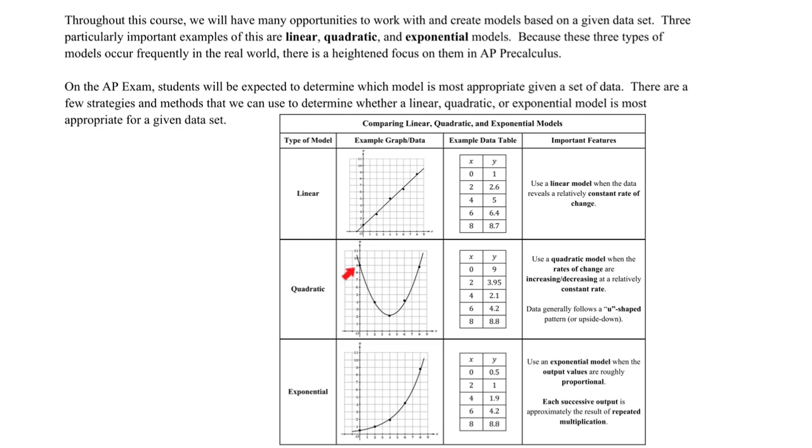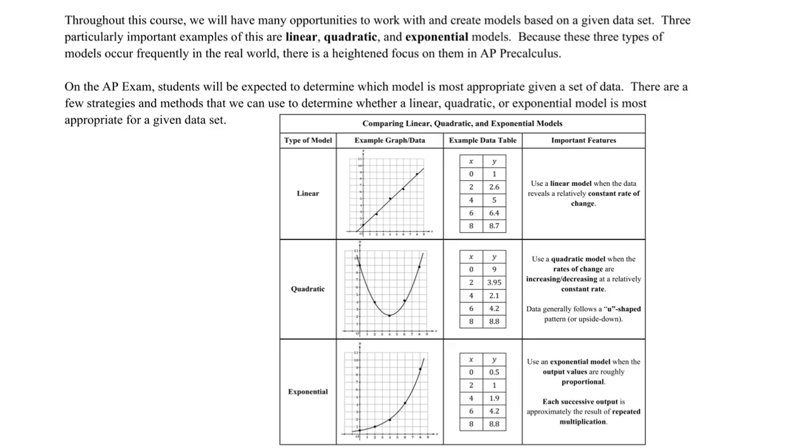And remember, our rate of change, if it's concave up, or a U going up, will always be increasing. If it was concave down, our slope would always be decreasing at a constant rate. Okay? Over here, they stay the same. On quadratic, they increase or decrease at a constant rate. So I keep going up 5, or I keep going down 2/3, something along those lines.